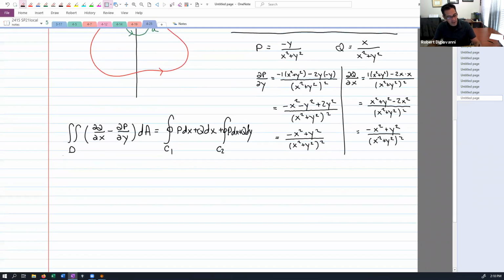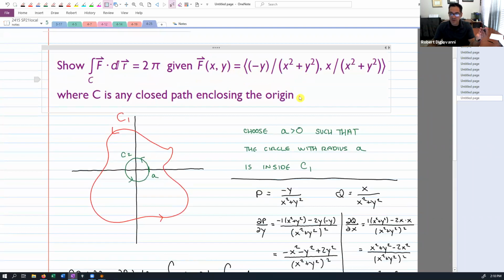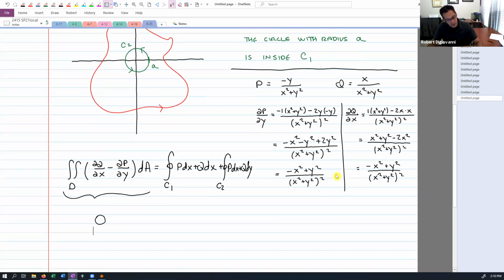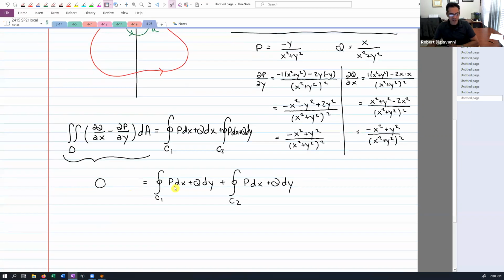So that means that this side is 0 because the vector field, the partials of it just amazingly went to 0 for this particular example, which means that this line integral over C1 of P dx plus Q dy plus the line integral over C2 of P dx plus Q dy, those added together must be 0, right?